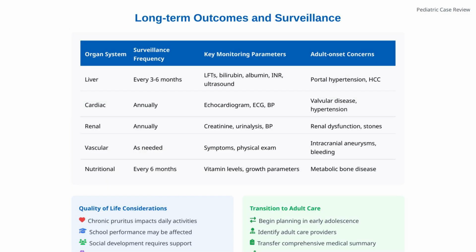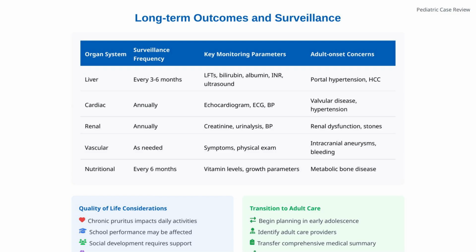Long-term management of Alagille syndrome requires systematic surveillance across multiple organ systems. Liver surveillance should occur every 3 to 6 months, monitoring liver function tests, bilirubin, albumin, international normalized ratio, and performing ultrasound, with adult concerns including portal hypertension and hepatocellular carcinoma.